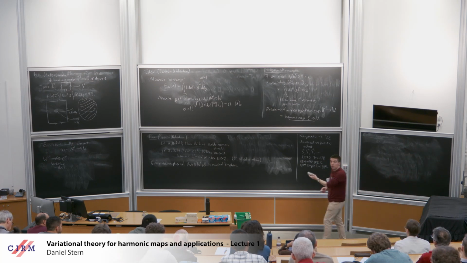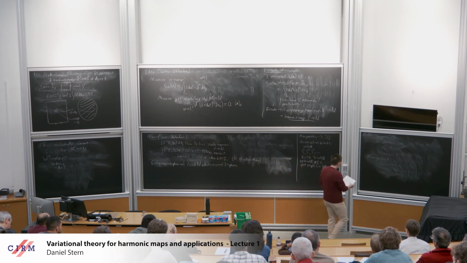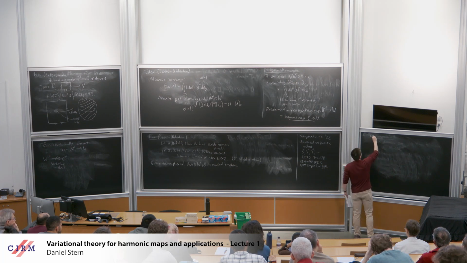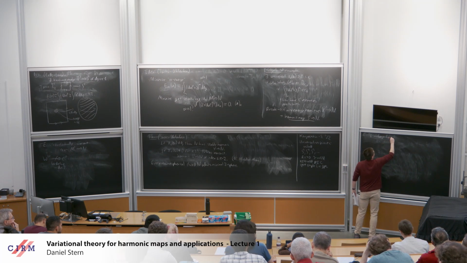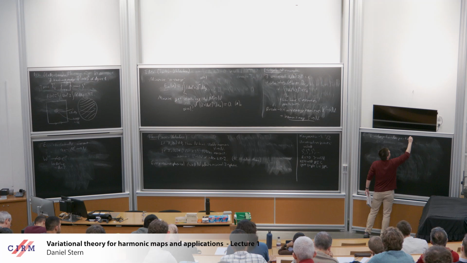But even in dimension 2, which is where we'll stay today, it's useful in that it regularizes in a different way. Okay, so this is a so-called Ginzburg-Landau type perturbation.